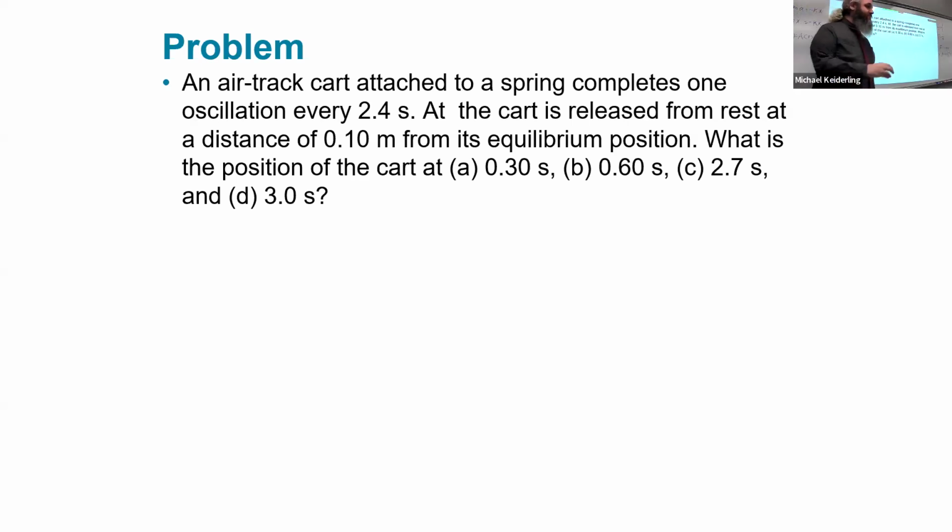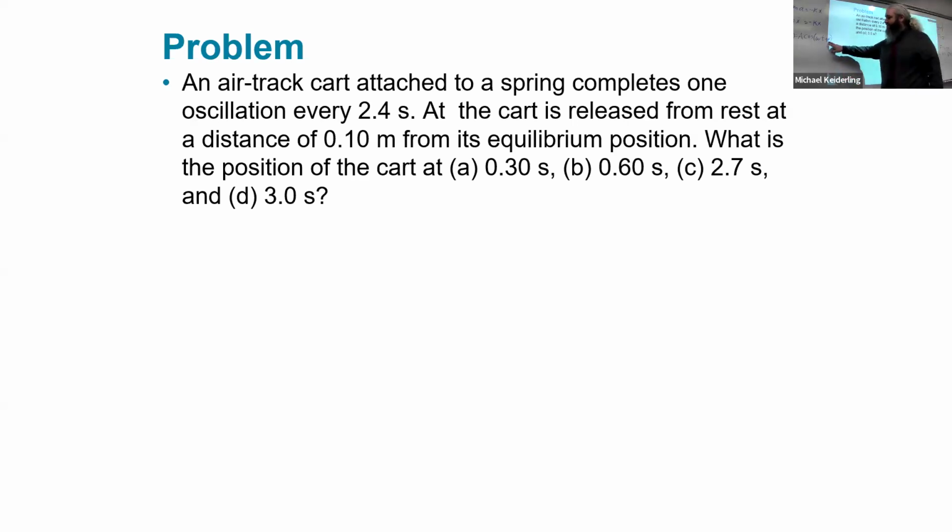So we have a cart on a spring, oscillating back and forth. We know it makes one complete oscillation every 2.4 seconds, so that's the period. That means x as a function of t is going to be the amplitude, which is given, times cosine of 2 pi over the period times the time. Because this starts at maximum amplitude, 0.1 meters from its equilibrium position, it will just be cosine.